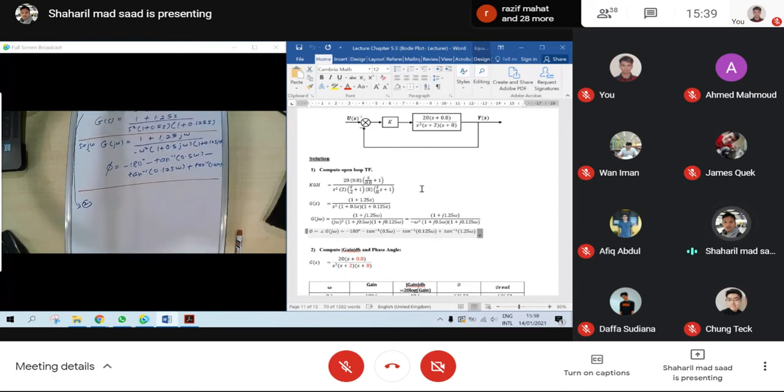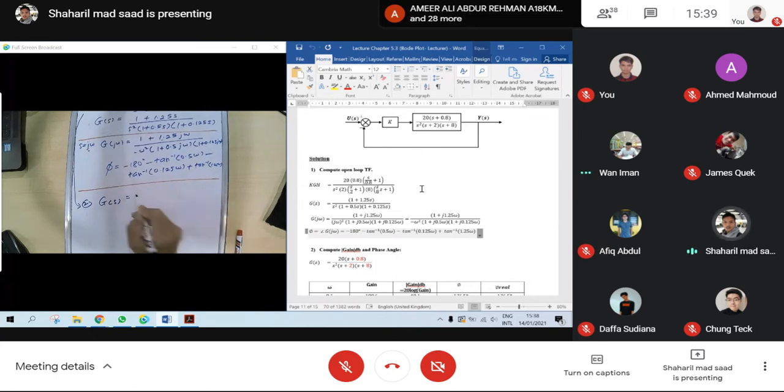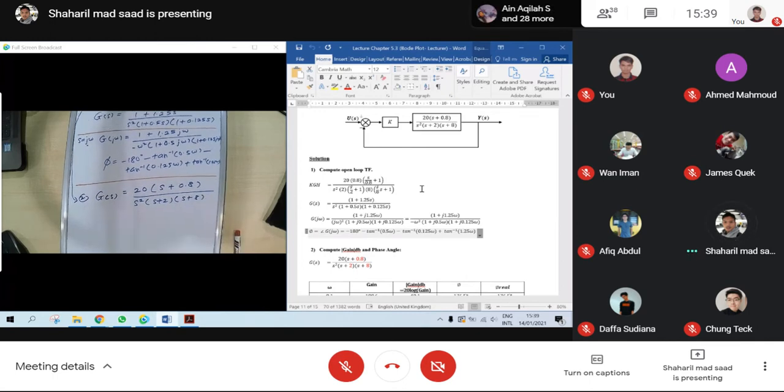Quite simple. You just take the G(s) here, which is 20(s plus 0.8) divided by s squared, (s plus 2) and (s plus 8).